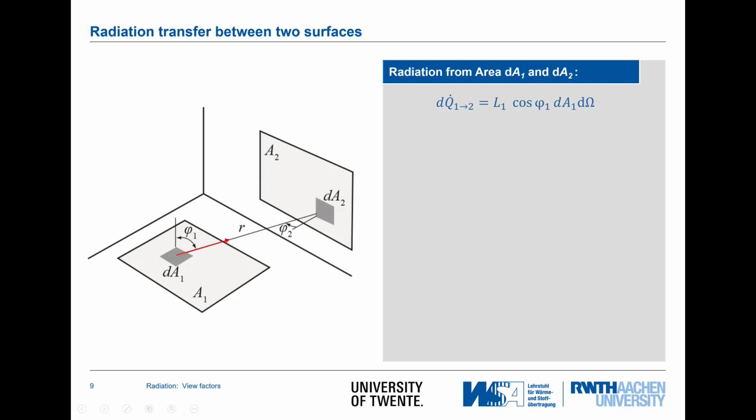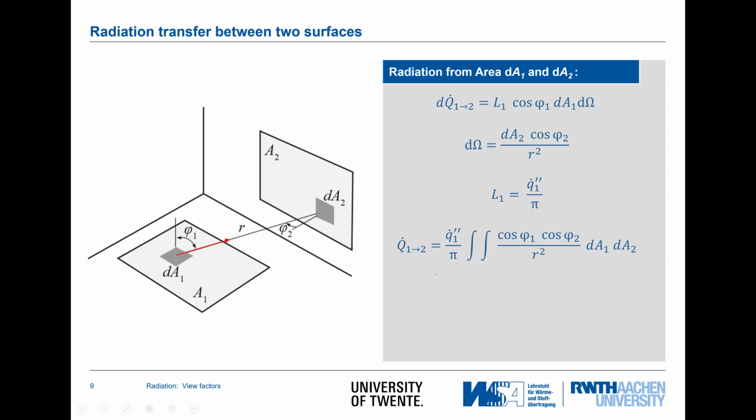Cosine phi 1 dA1 is the projection of dA1 into direction R. The d omega is the surface here, the projection into this direction divided by r squared. Now L1 we calculated before, that's q dot 1 2 primes over pi.